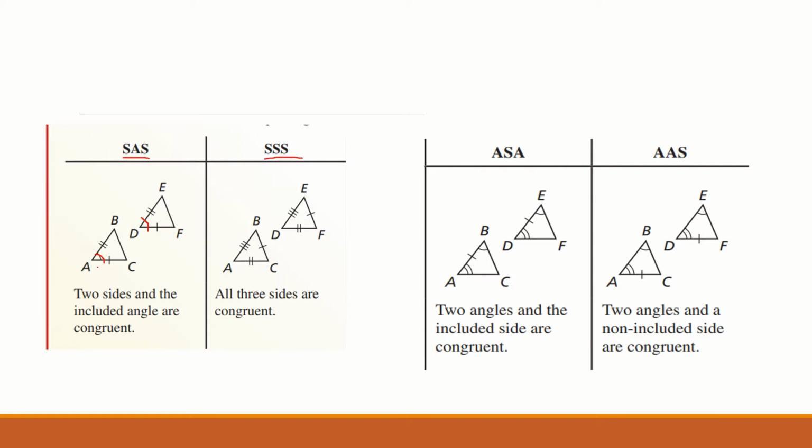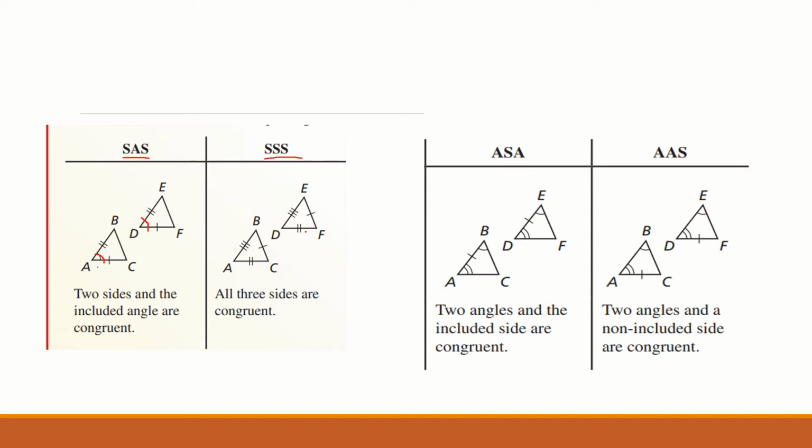Then we have SSS. S means sides. All three corresponding sides of the two triangles are congruent. Therefore, the two triangles are congruent. So, AB is congruent to DE, BC is congruent to EF, and AC is congruent to DF.